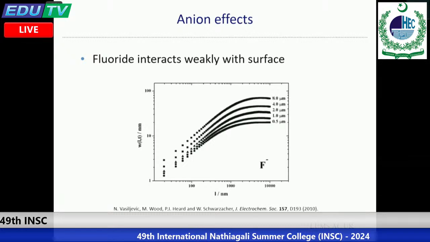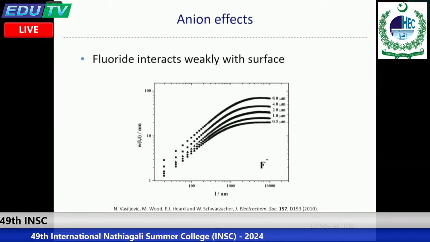So here we have a little bit of chemistry, a weakly interacting anion, and we see this sort of scaling. Notice here, all of those curves are separate from each other. Remember what I said, that is anomalous scaling.